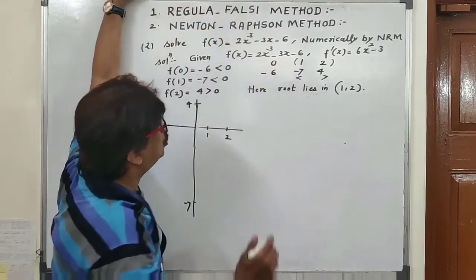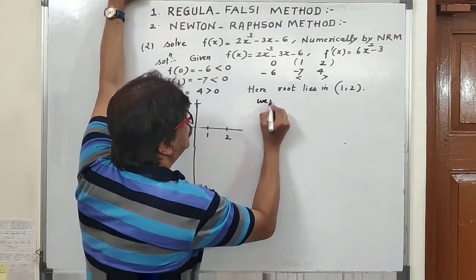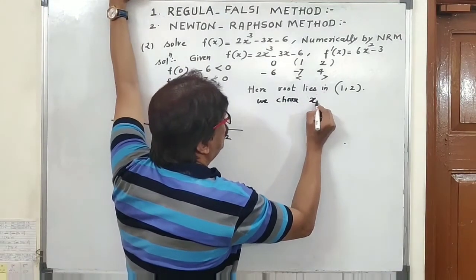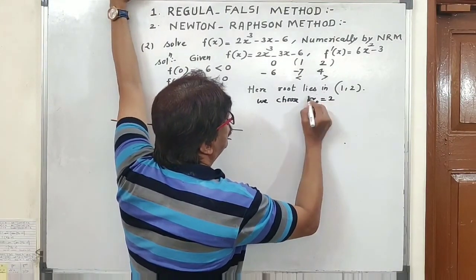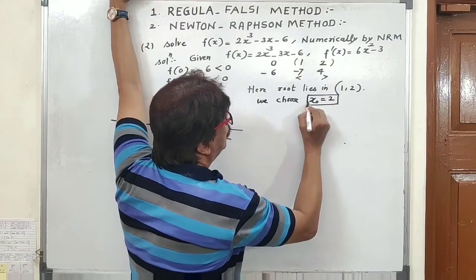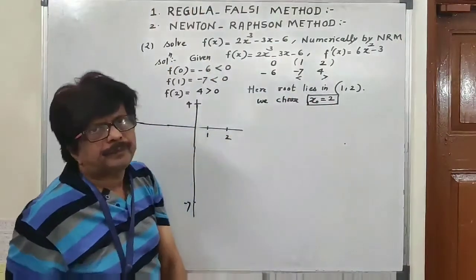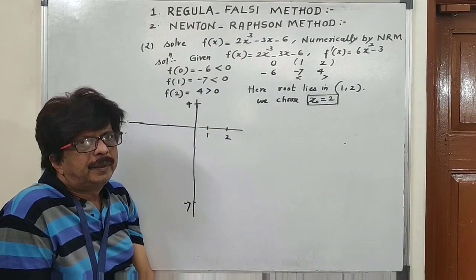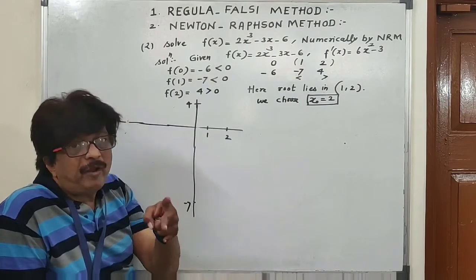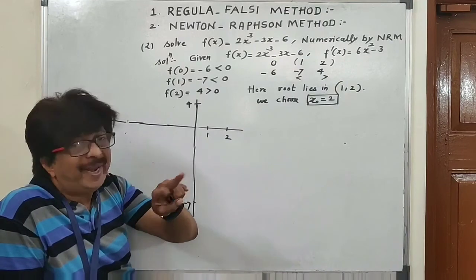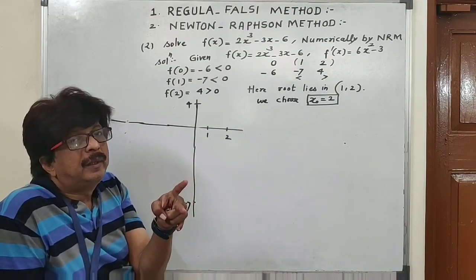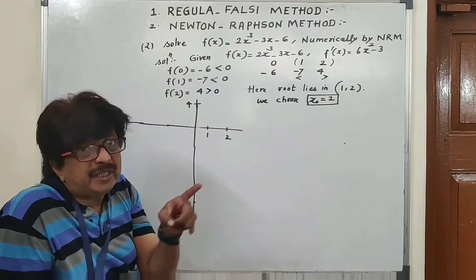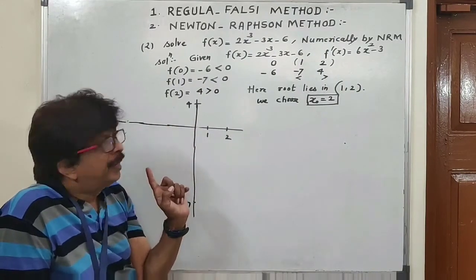So, see here, we choose x₀ = 2. Out of this pair of endpoints, 1 and 2, the f value which is nearer to origin is to be chosen.